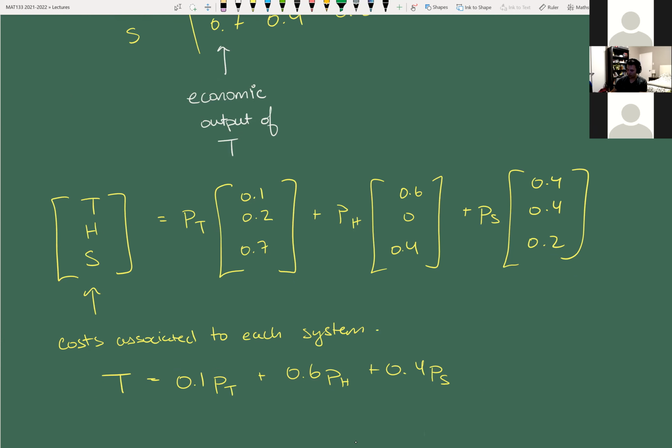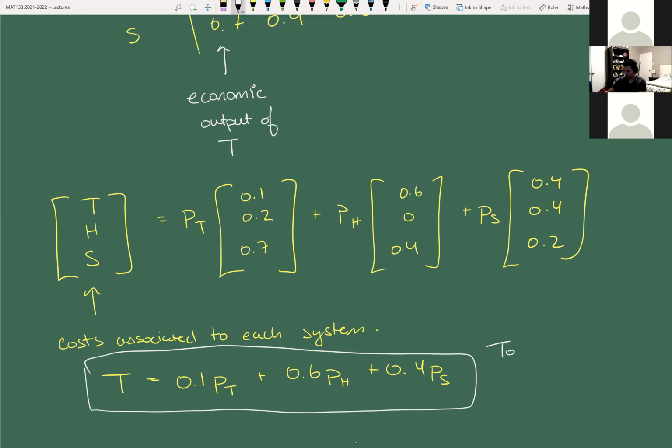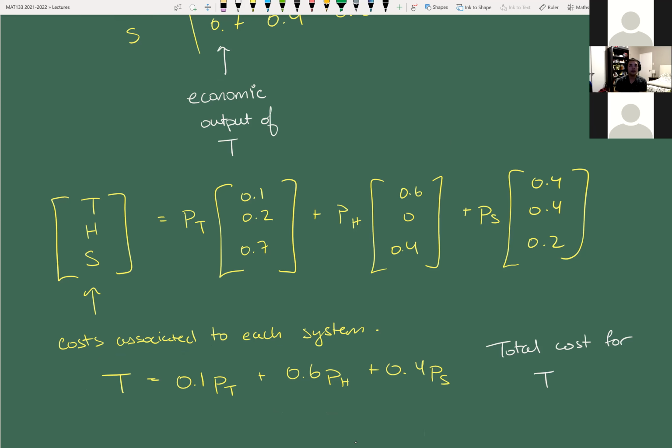If I figure out what this is saying, this should be the total cost for T, right? It spends 10% on operational costs. It spends 0.6 times P sub H purchasing hydro, so it purchases 60% of the hydro's economic output at a price P sub H, and it purchases 40% of the service output at a price P sub S. So this is the total cost to the telecommunications industry, right? And so on and so forth for H and S.